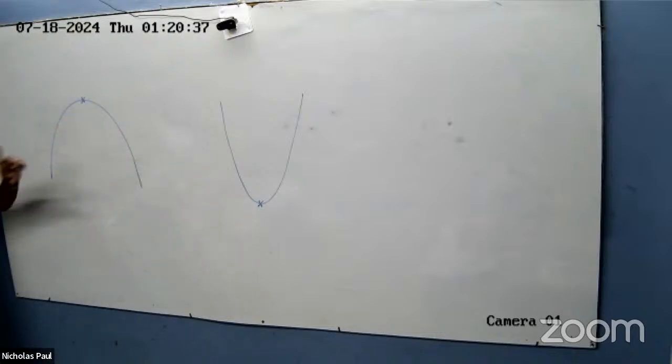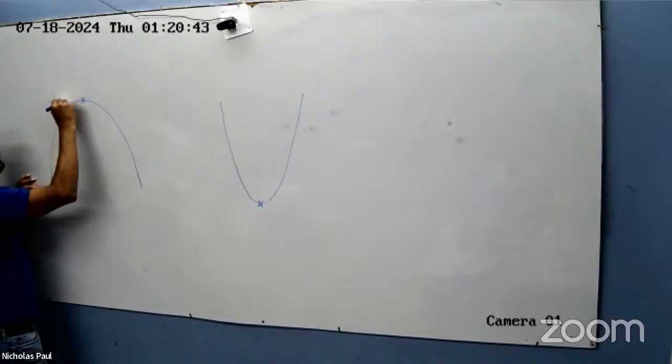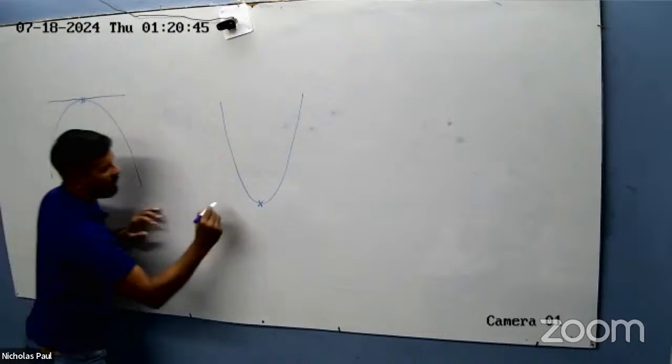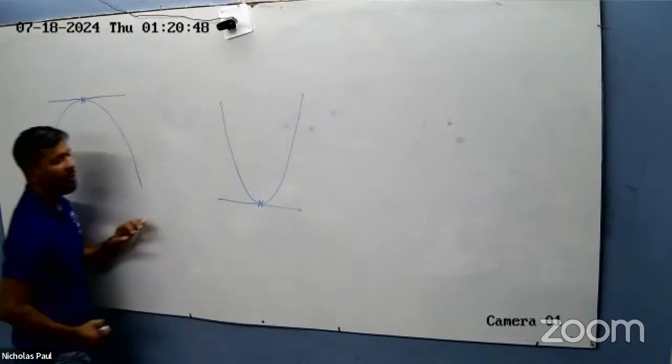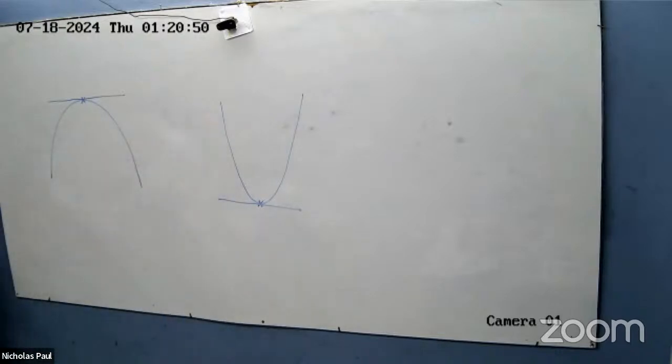If you were to draw a tangent here, how would it look? It will be horizontal. And what's the gradient of this? 0.